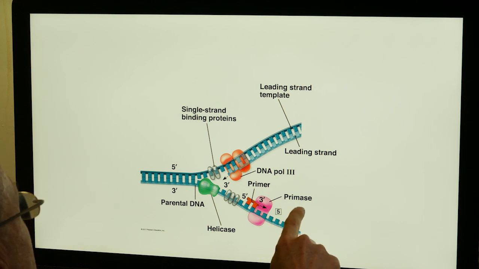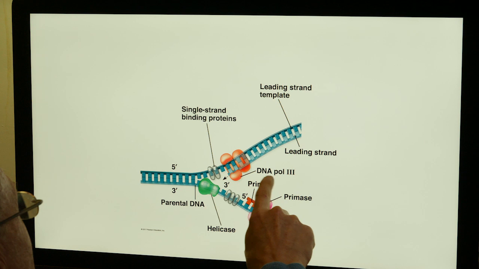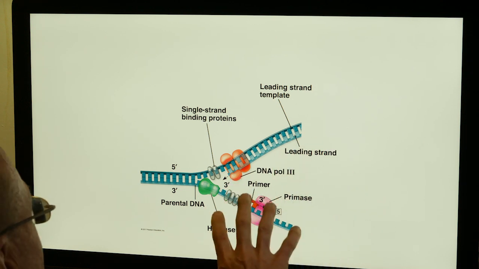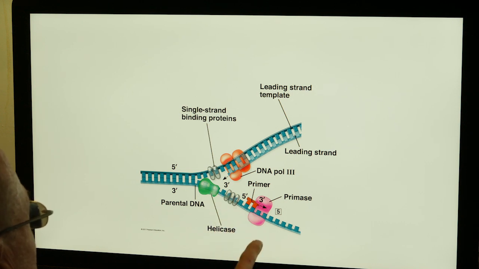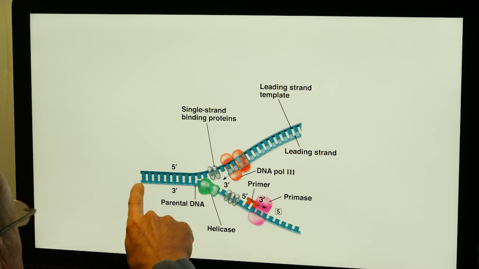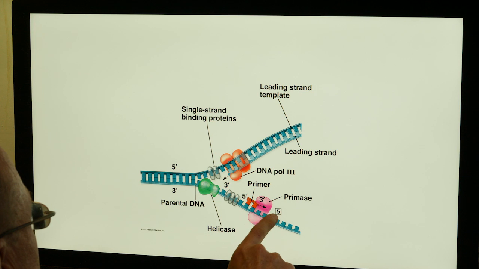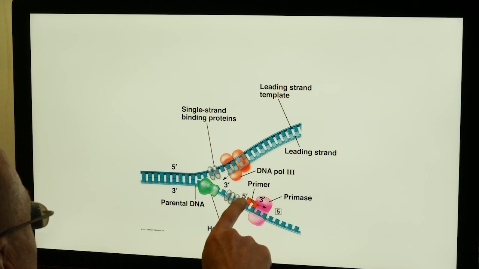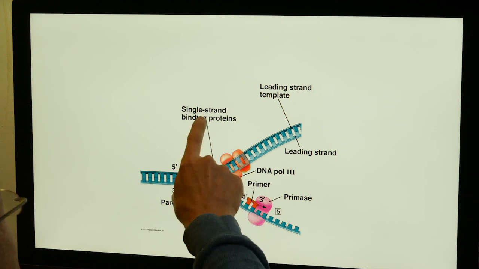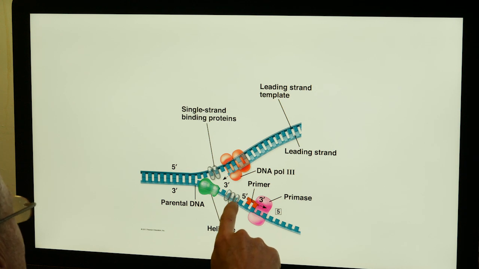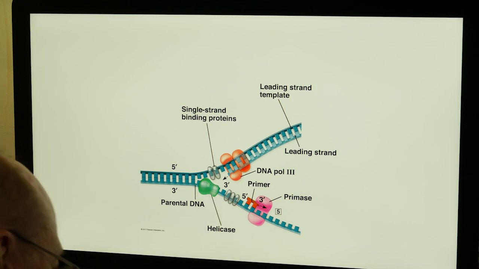I probably should have. And then here's DNA poly 3. And some good stuff. Lots of 5', 3'. Notice that if this right here is the 3' end of this parental DNA, that means this is the 5'. And notice that the synthesis direction is counter to that. It's opposite of that, 5' to 3'. The last thing I would mention are these single-stranded binding proteins that I didn't really say anything about, but I mentioned their importance, and there they are.